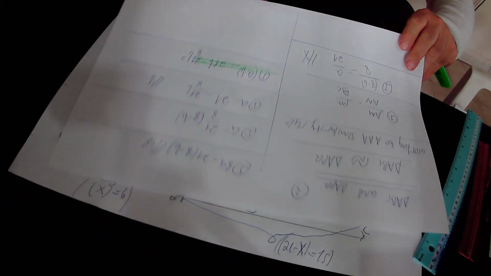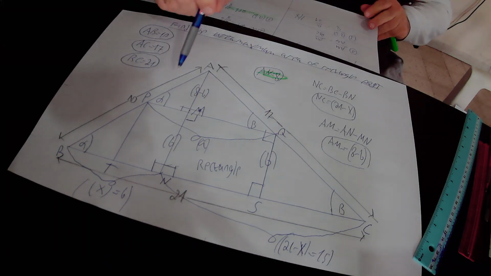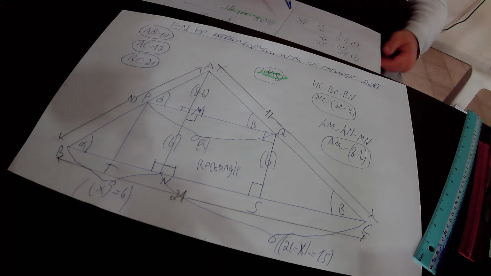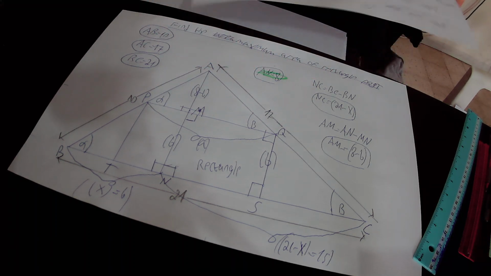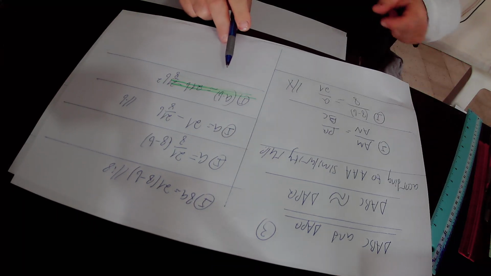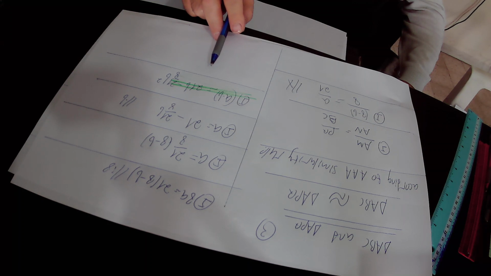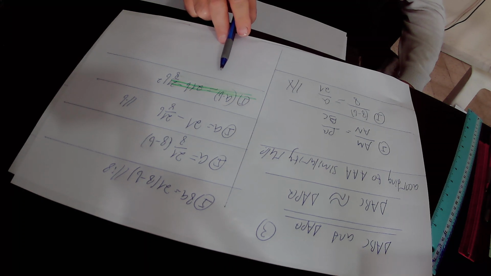And our mission is to find out the maximum area of this rectangle PQST. Or in other words, our mission is to find out the maximum value of this function area of rectangle PQST, or for which B this function will get its maximum value. What does it mean?